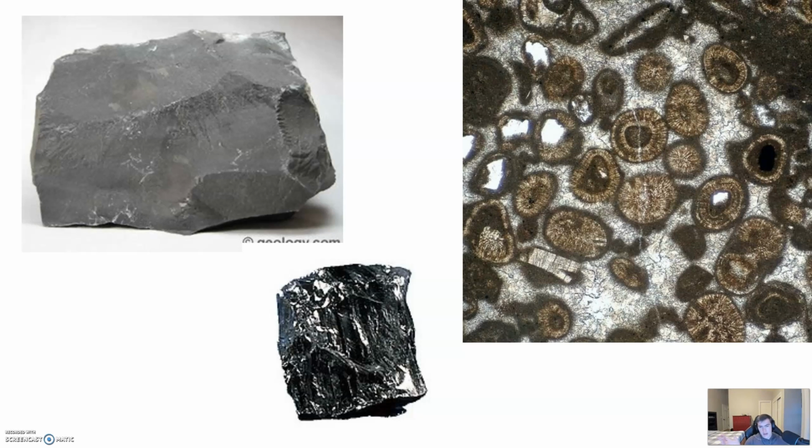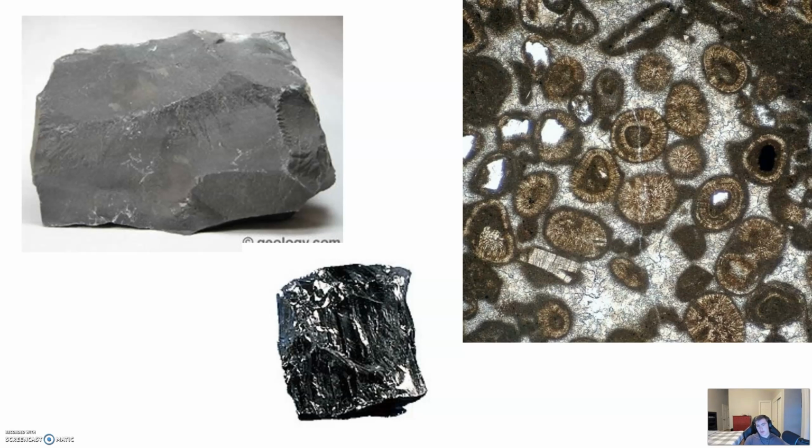But we also see another common bioclastic sedimentary rock. It's called coal. Coal was created from an ancient swamp, which was very energy dense, and it was eventually compacted and cemented together and formed a super energy dense rock that we call coal.